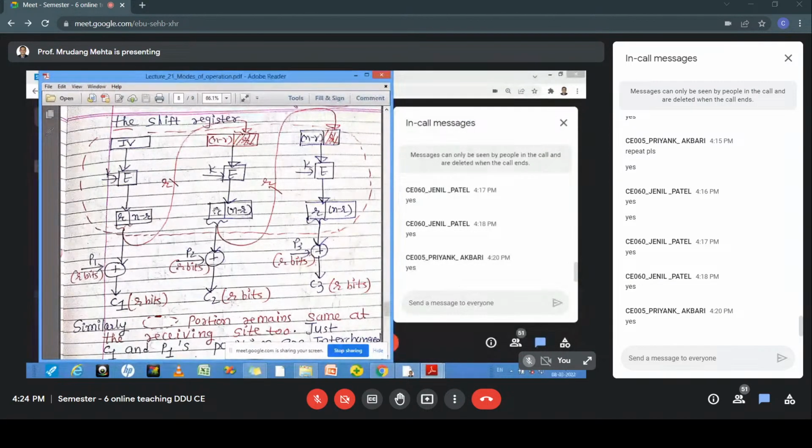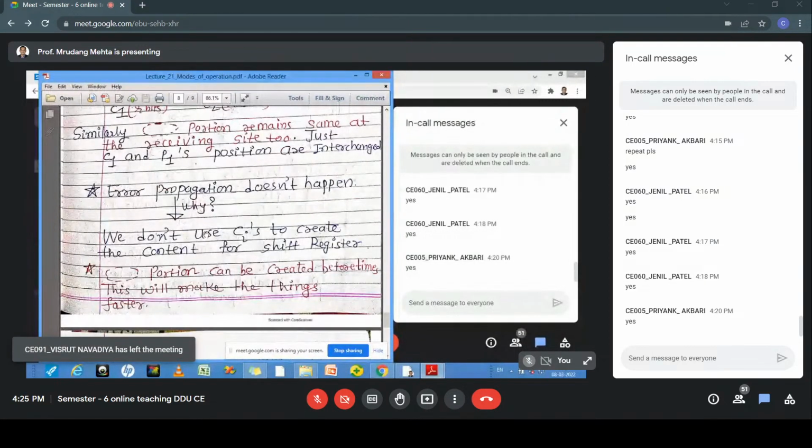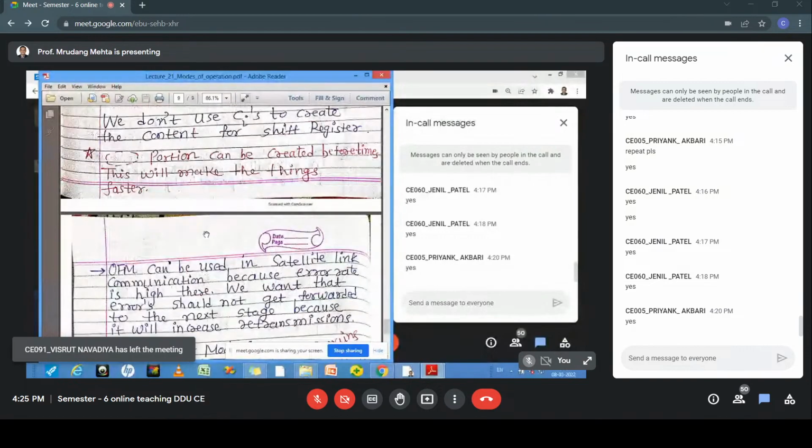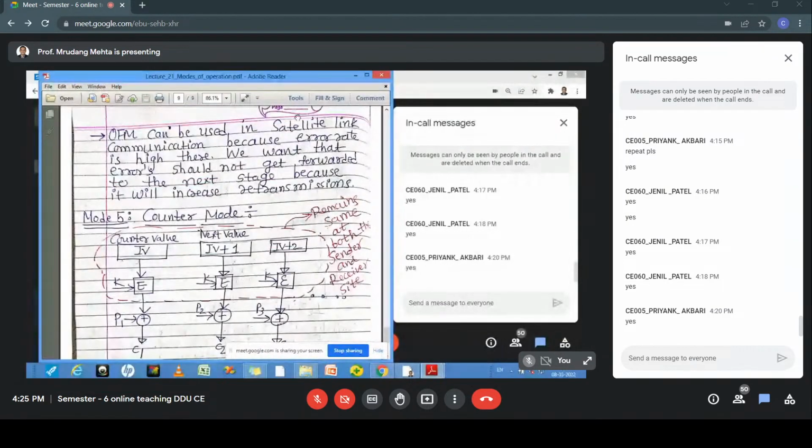And P1 XOR that r-bit output gives C1. So the advantage here is that error propagation will not take place. And it is very useful in satellite link communication. Okay, this is very important.